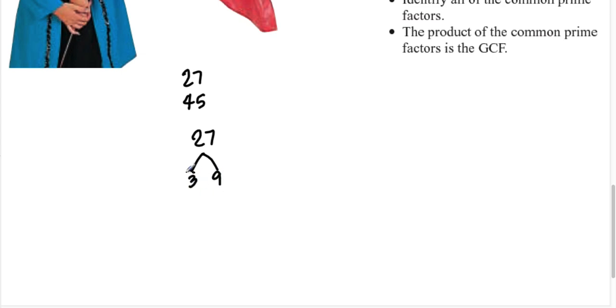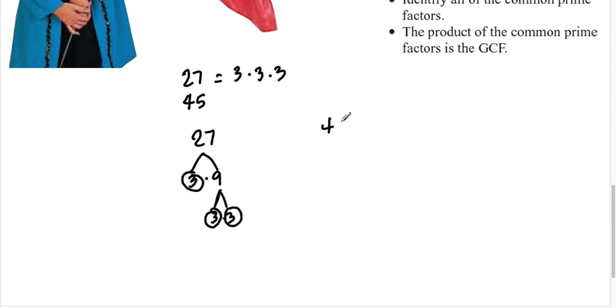And we know that 3 is prime. I circle 3, I stop factoring. 9 is not prime, so I continue factoring. That's 3 and 3. Both of them are prime. And we put the dot there as multiplication. So the prime factors of 27 are 3 times 3 times 3.